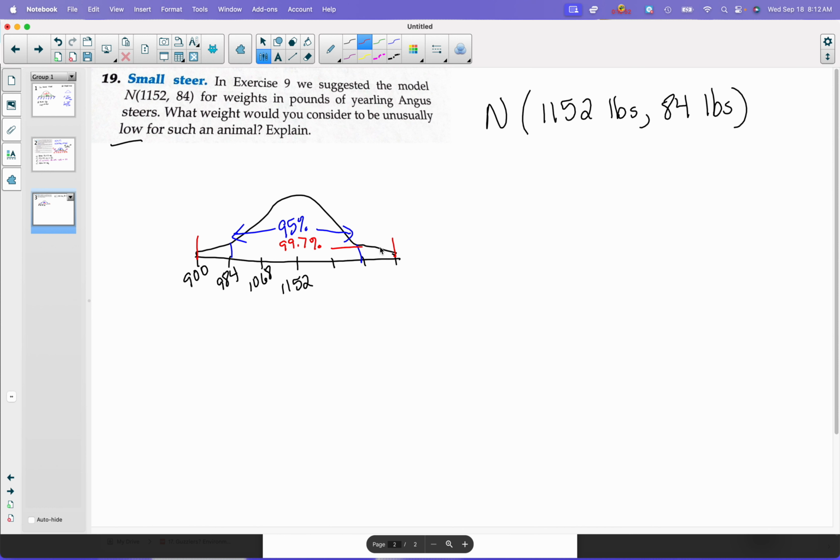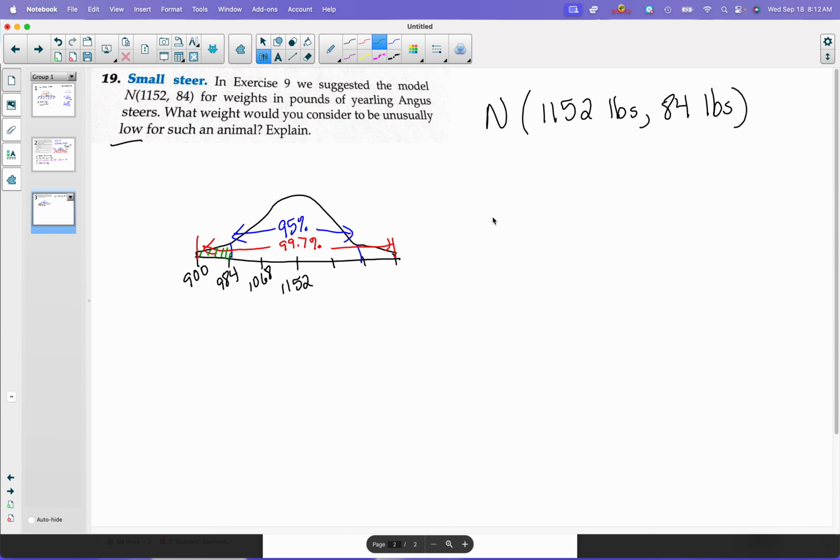So it kind of depends on what you want to consider low. I'm going to consider anything more than 2 standard deviations below the mean as low. So if I look at just this part down here, it would continue on even below 900, even though we know there wouldn't be very many steers down in that region.